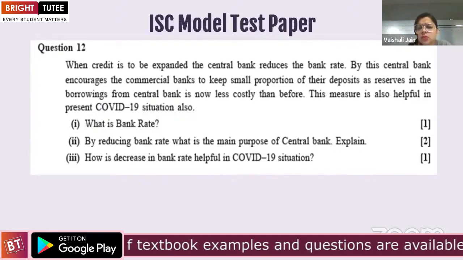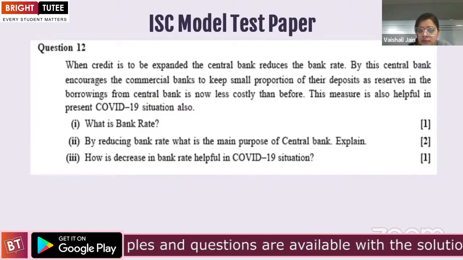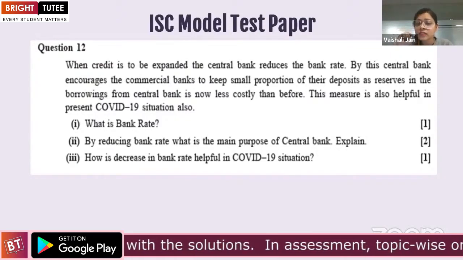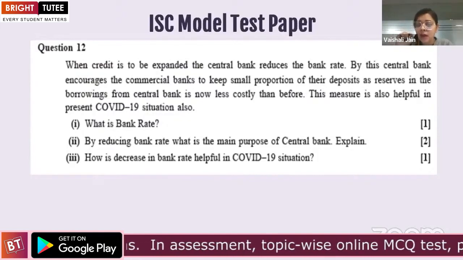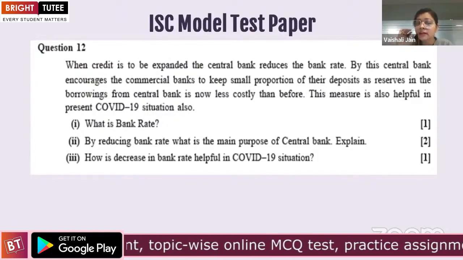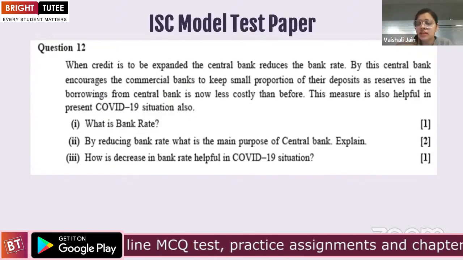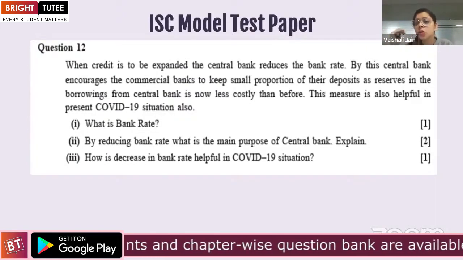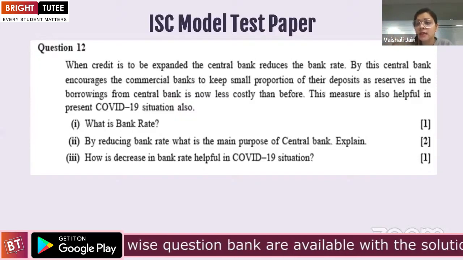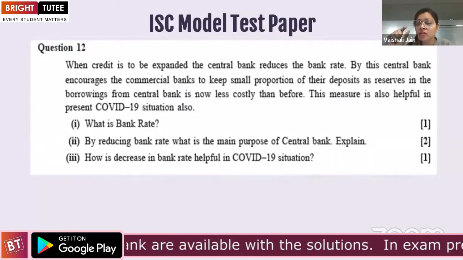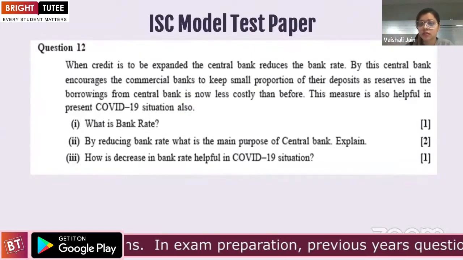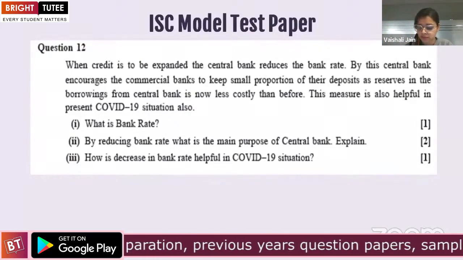We can see question number 2 and 3, the two parts are quite similar, but again, the child is going to explain it accordingly. Over here, the main difference is that in the second part, there is a reduction in bank rate. So what is the purpose with which a central bank does it? And now in the third part, it is relating it only to the COVID-19 situation. So the child is supposed to take care of this fact, and the question is explained as per the exact situation.